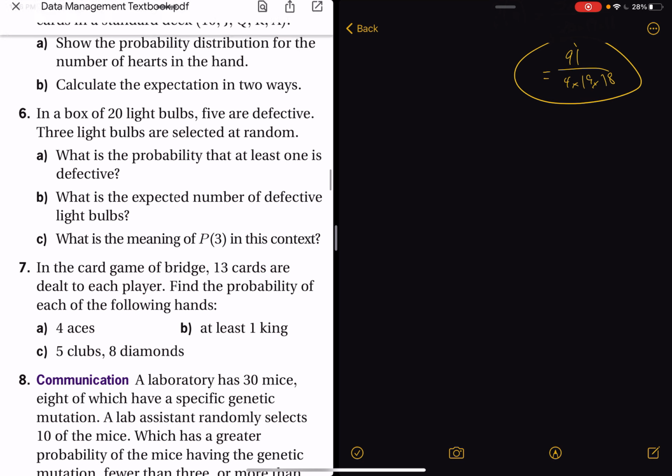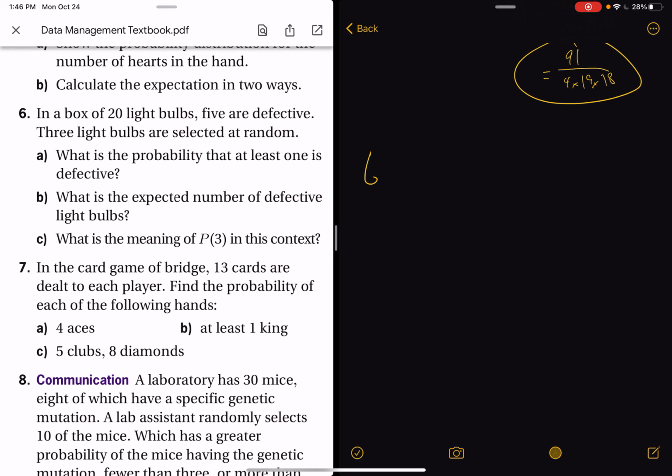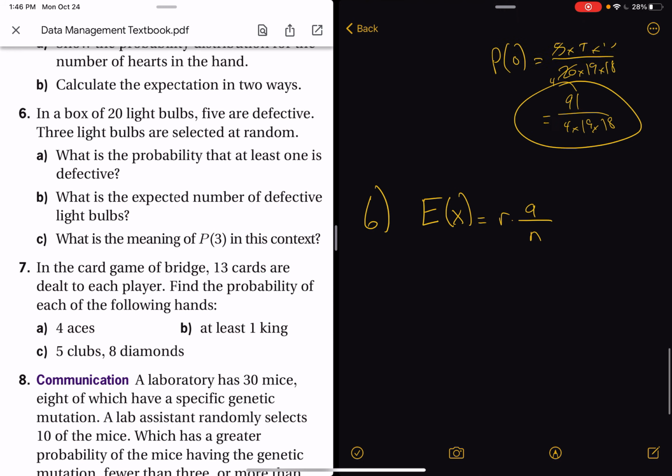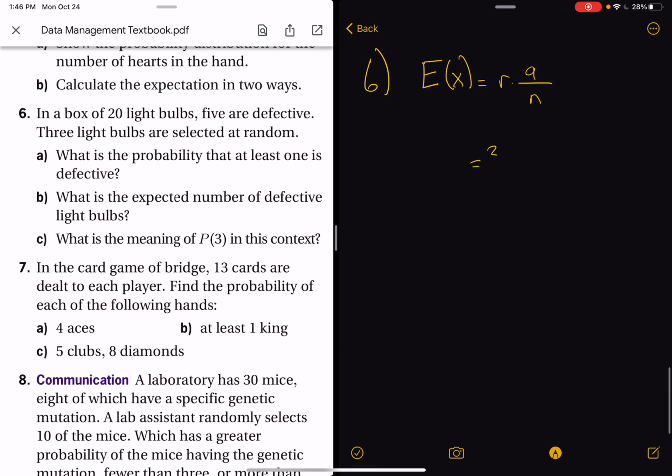What is the expected number of defective bulbs? Okay, so I was waiting for an expectation question. So we have E of X equals available successes over total, right? Multiplied by the number of trials. So how many trials did I do? I did 3 trials times available defective bulbs divided by total bulbs.